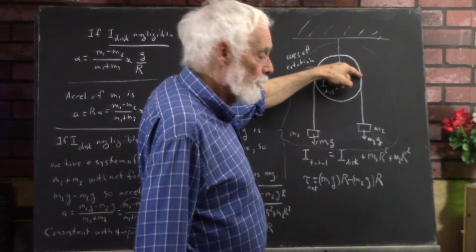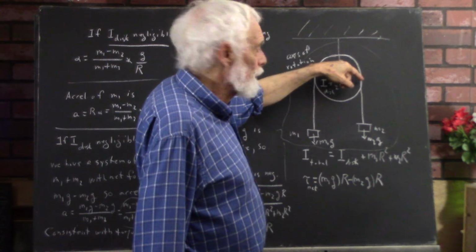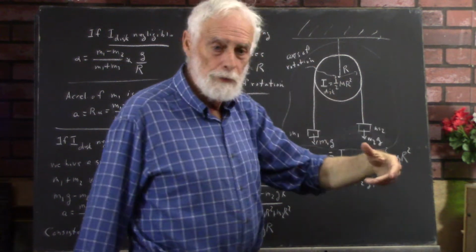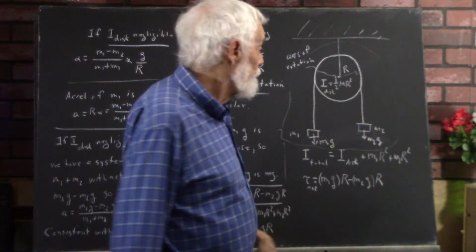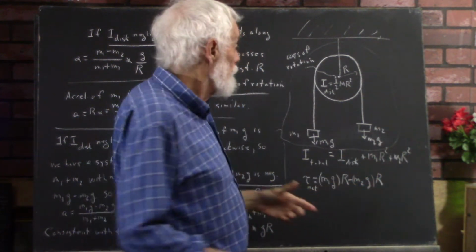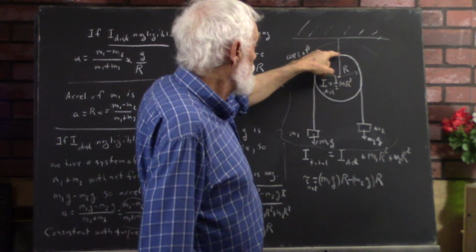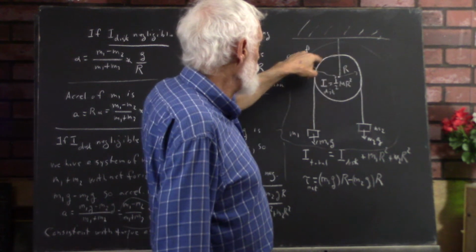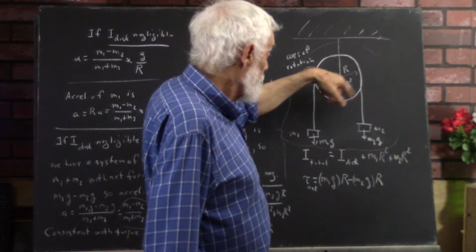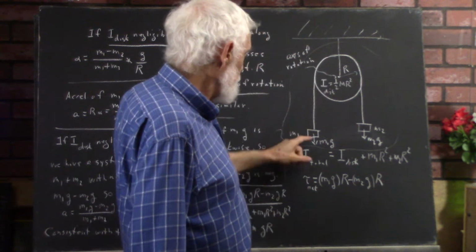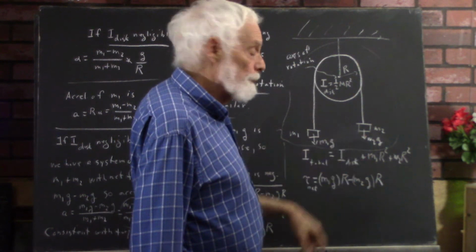So a point out here on the rim of the disk has acceleration along the arc equal to r times alpha, definition of a radian again. And that's the speed with which the rope is moving on and off of the disk, which means that's the acceleration of each of these masses.